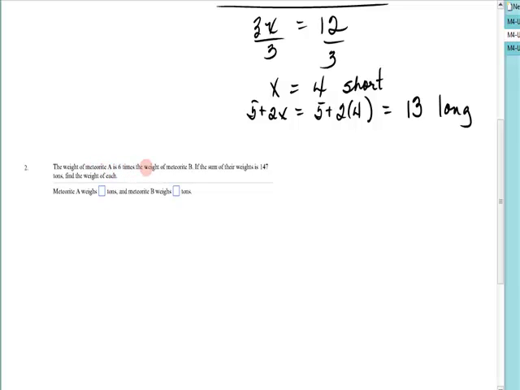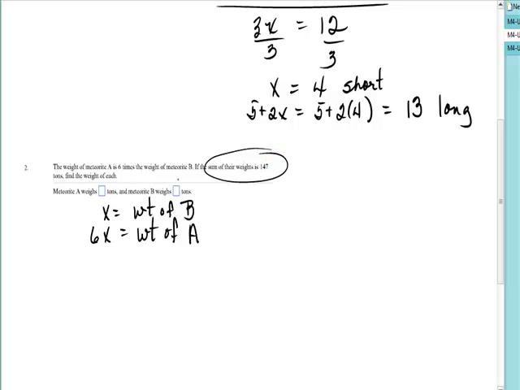A is 6 times the weight of B. I don't know anything about the weight of B, but I do know something about the weight of A. It is 6 times that. 6x is the weight of A. Now I look for a fact. The sum of their weights is 147, so A plus B is 147.